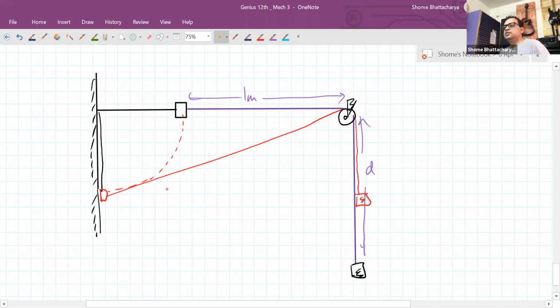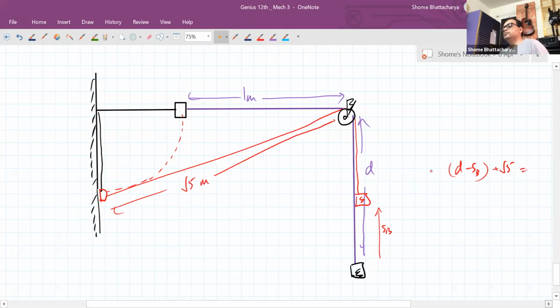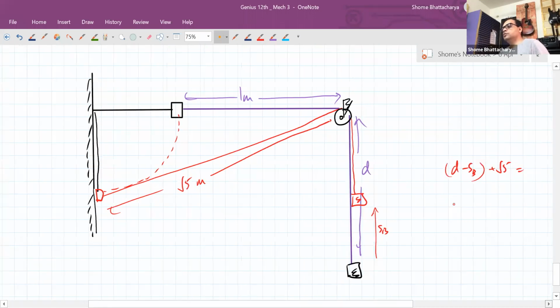So this length has increased to root 5 meters. So this will become such that D minus sB plus root 5, that is equal to the original length, which is 1 plus D. Okay.